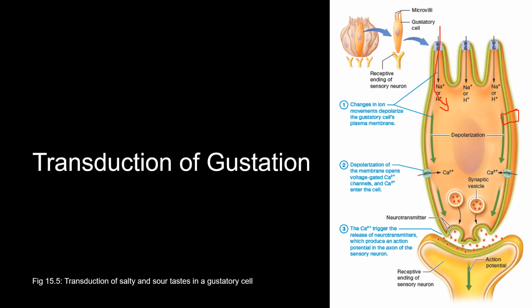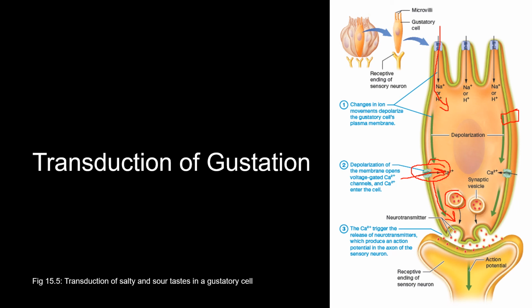Once they're depolarized, that activates these calcium ion channels, and the calcium is going to flood in. Once that happens, you have that local potential. Like I said, these do not require action potentials. They're very small, so these local potentials are perfectly fine traveling down and generating these neurotransmitters.